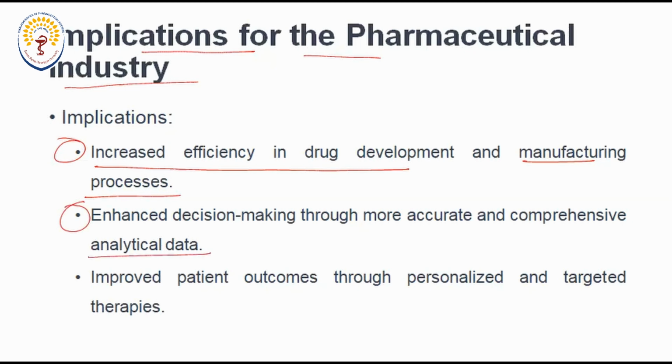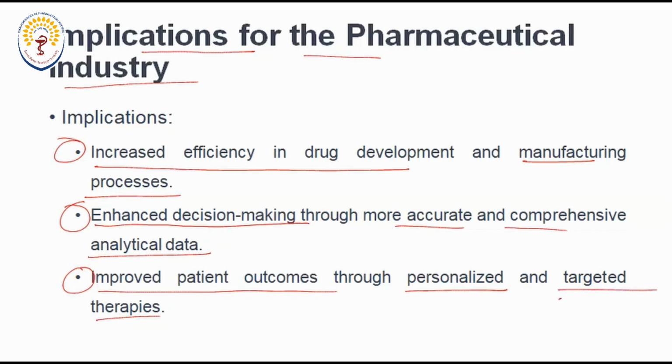If we have good, reliable analytical data, it will help us in decision making. So accurate, reliable data helps us take decisions in the drug development process. It will also help in improved patient outcomes, because we are making personalized and targeted therapies, which will surely improve the patient outcomes.